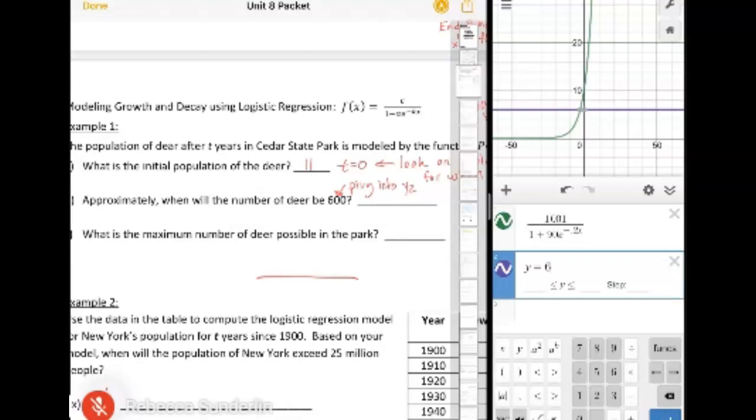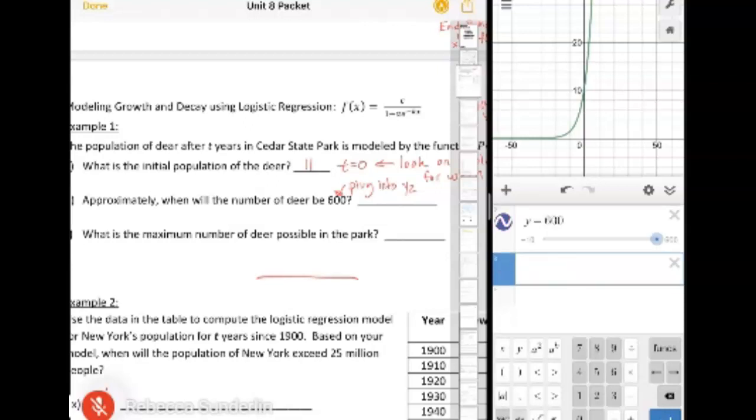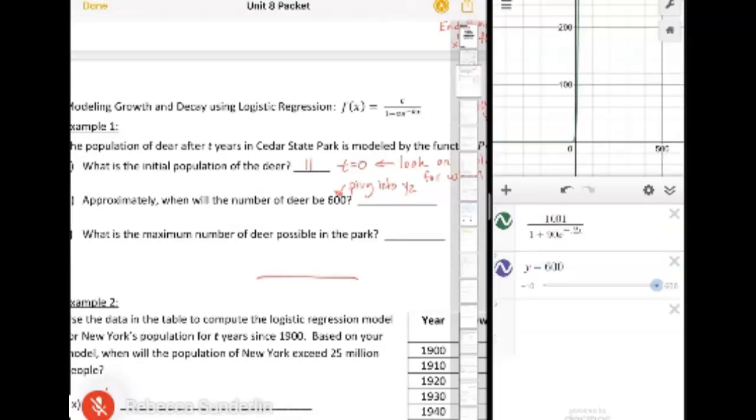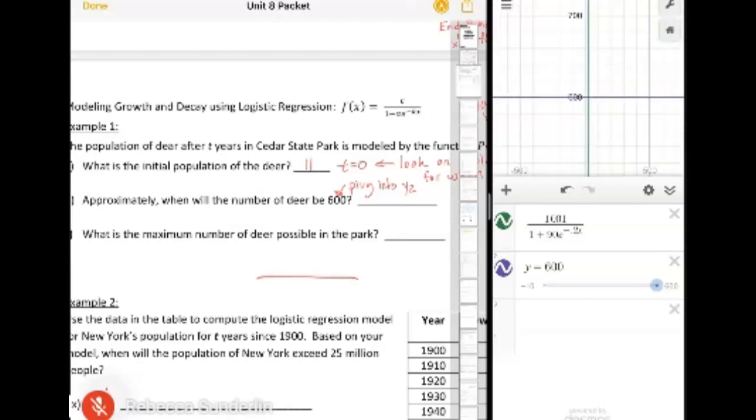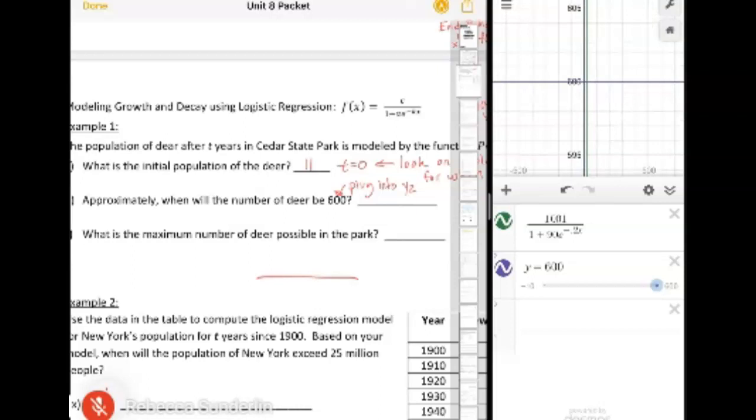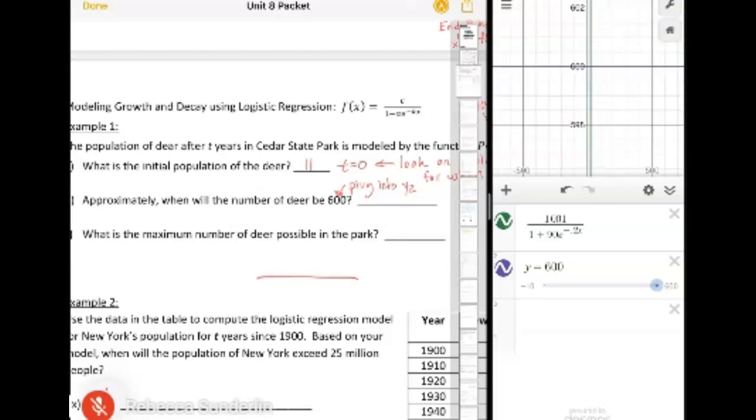We want to know where these two lines intersect. So our logistic function and the 600 line intersect when x, or when our time, is 24.514.